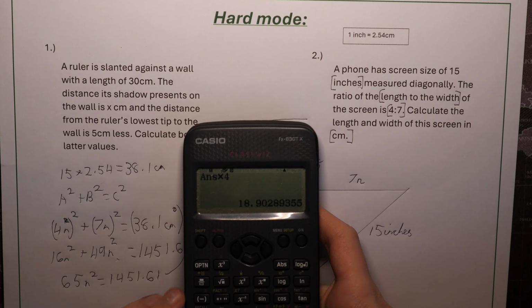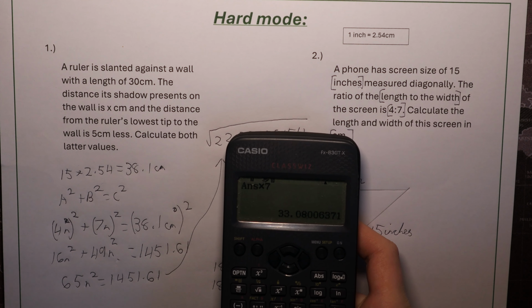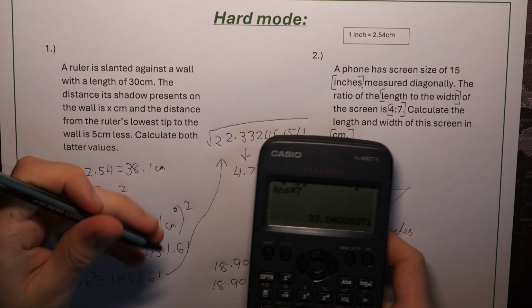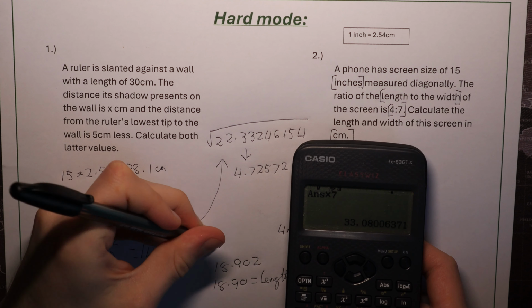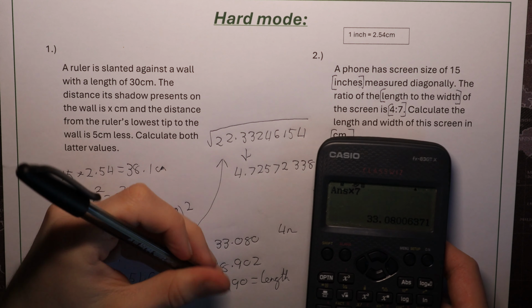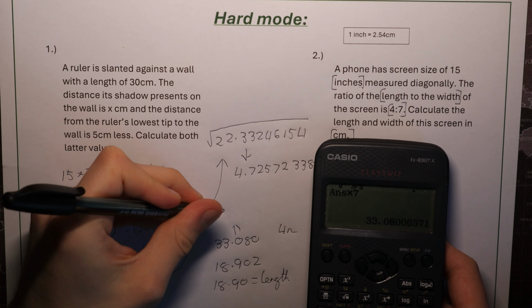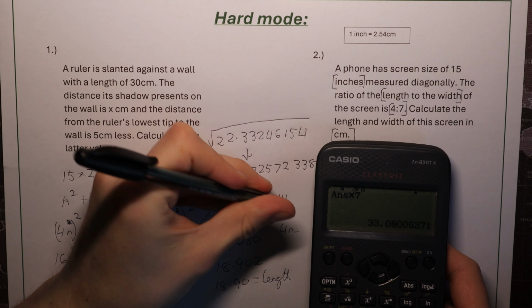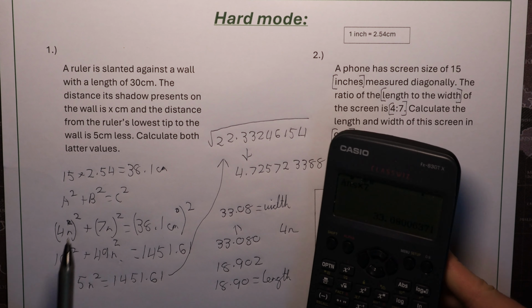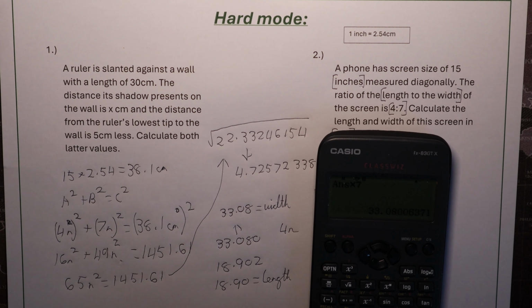And then divide by 4 to get our scale factor back, and then we times by 7 for our width, and we know that's 33.080, which to 2 decimal places gives us 33.08, which is our width. And because we converted in the first place, these are all, of course, in centimeters.